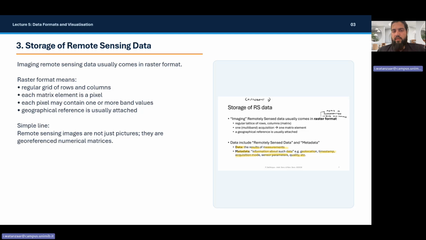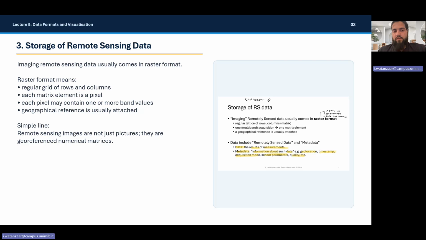It is saved in raster format, a regular grid of rows and columns, and each matrix element is a pixel, and each pixel may contain one or more band values. It depends upon the number of bands we have collected from the wavelengths, and geographical reference is usually attached in a format called GeoTIFF.